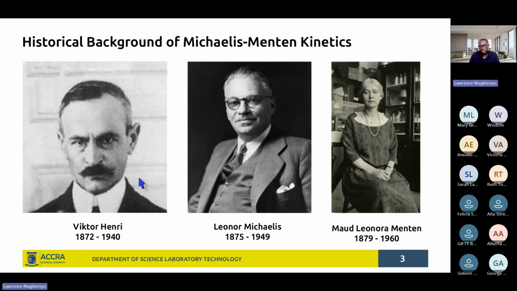So he actually was the first person who represented the activity of enzymes, or say the kinetics of enzymes, with some mathematical equation. He did some studies and came up with an equation to represent the activity of enzymes, based on substrate concentration.